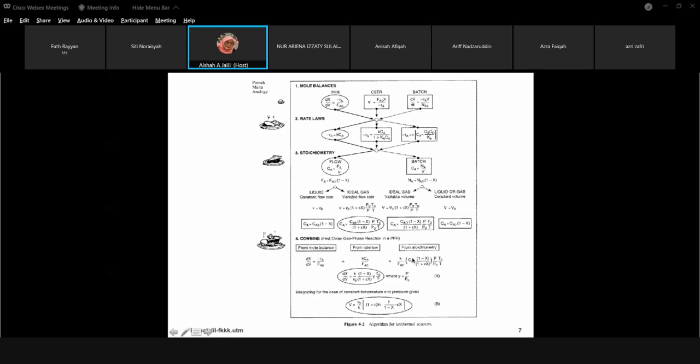So the CA becomes like this. Then they simplify the P over P naught. Usually P over P naught, we also call it small y. Then integrate for the case of constant temperature and pressure. They integrate, they get this one, and if you know all of this, you can calculate for the V. That is an example algorithm for isothermal reactors.